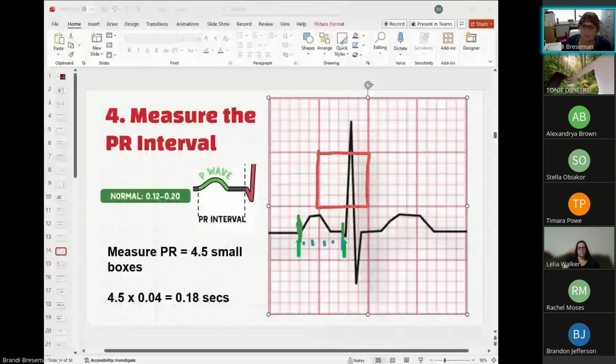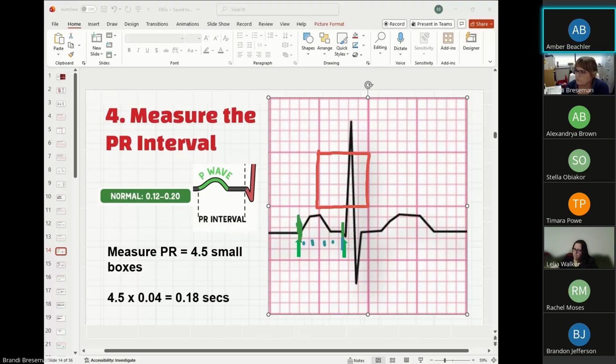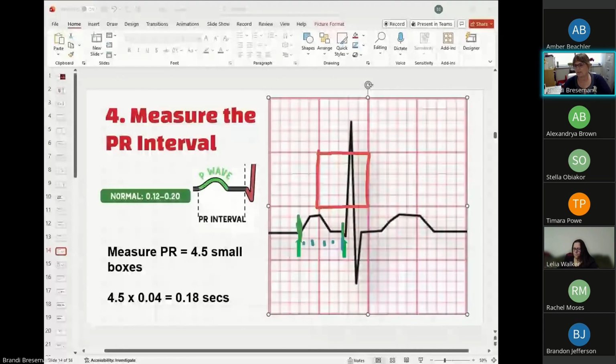So if my PR interval is 0.18 seconds, is that normal or abnormal? It is normal, because normal should be between 0.12 and 0.2.